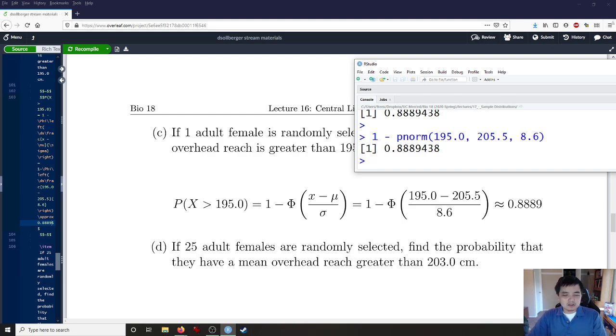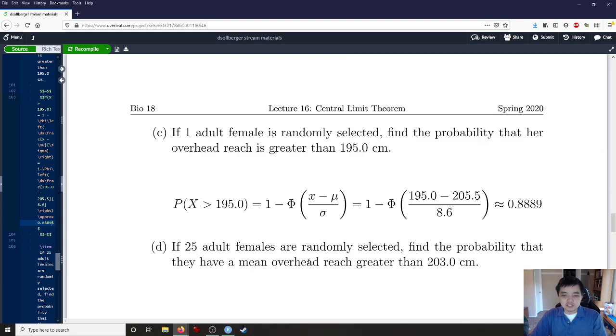All right, now in part D, the change is that I'm asking if 25 adult females are randomly selected, that is more than one. Find the probability that they have a mean overhead reach distance greater than 203.